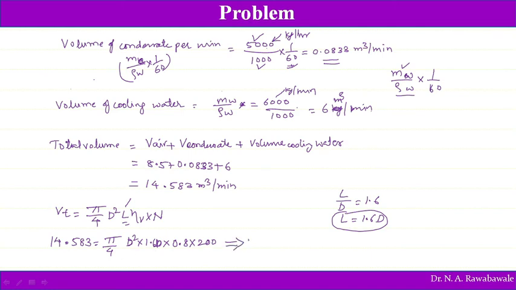On simplification we get diameter D equal to 0.411 meter, and L is equal to 1.6 into 0.411, which is 0.6576 meters. So this is the diameter and the stroke length.